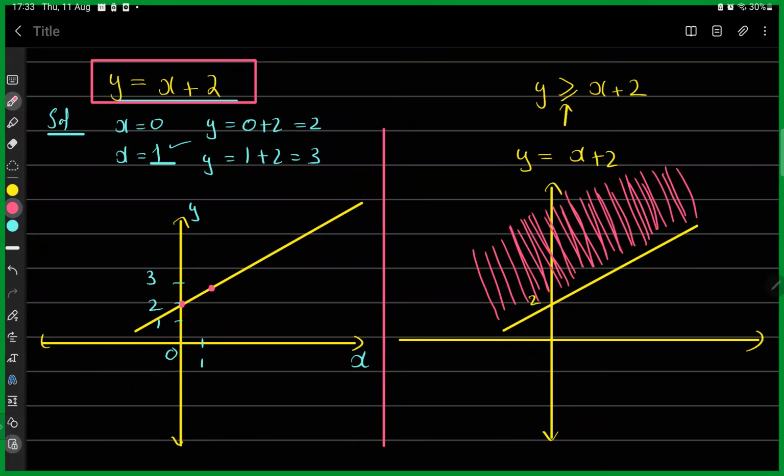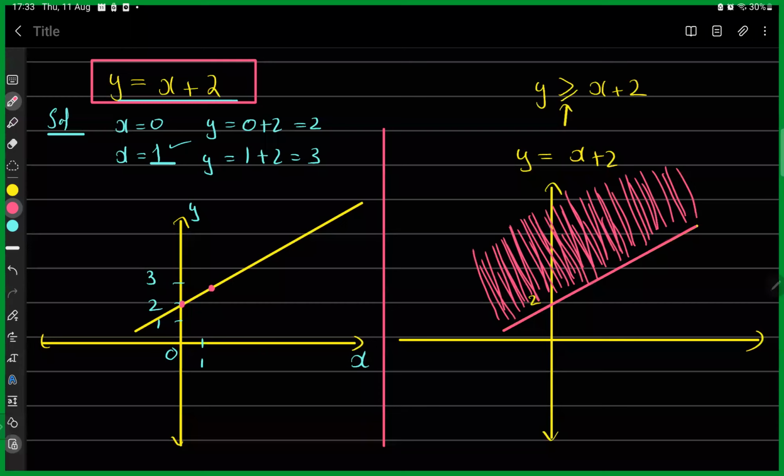For that you would have just made the yellow line, but you were supposed to represent y is greater than or equal to x plus 2. Because of this equal to, this line is basically going to be a solid line, right?